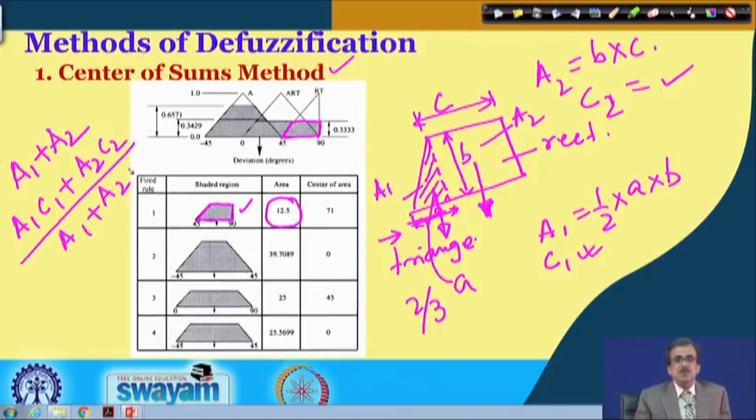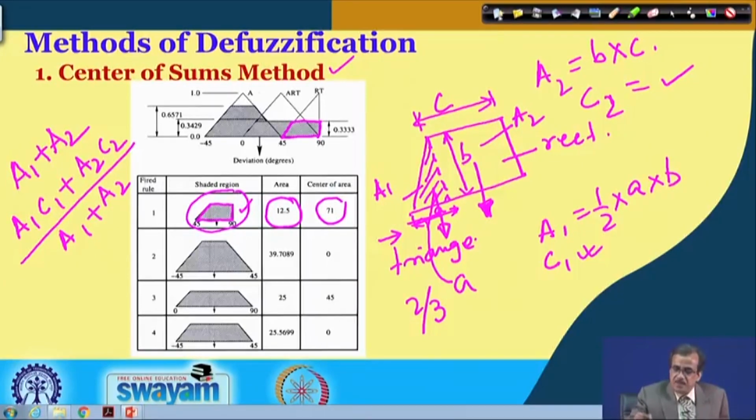Now, this will give you the center of area. For this shaded region, if you find out the center of area, you will be getting 71. This is how to find out the area and center of area corresponding to one fired rule and its shaded region as the fuzzified output.